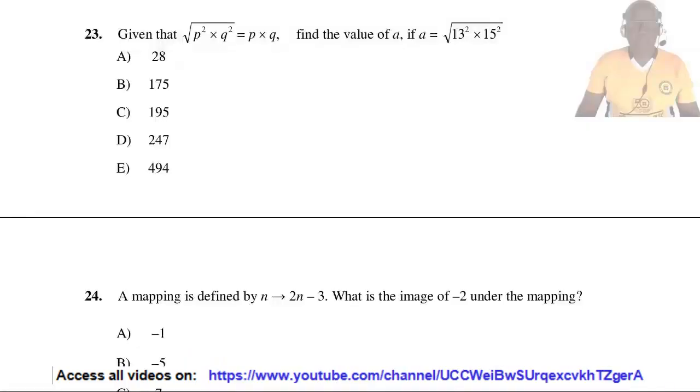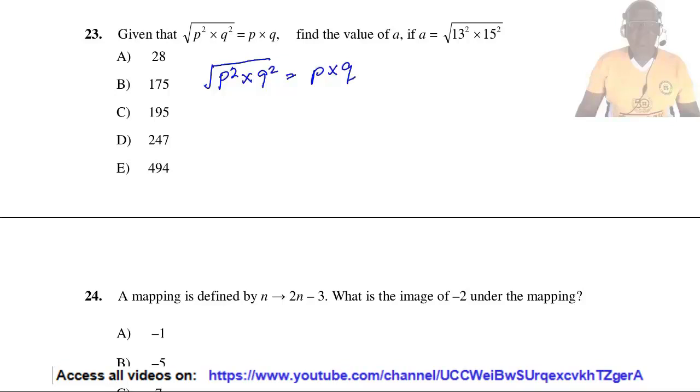Question 23. Given that the square root of p squared times q squared equals p times q, find the value of a if a equals the square root of 13 squared times 15 squared. We have been given the square root of p squared times q squared to be equal to p times q.